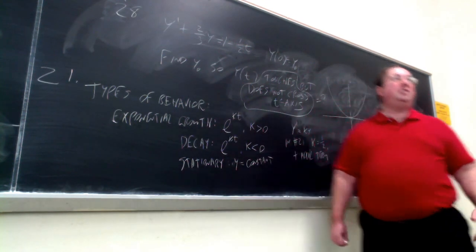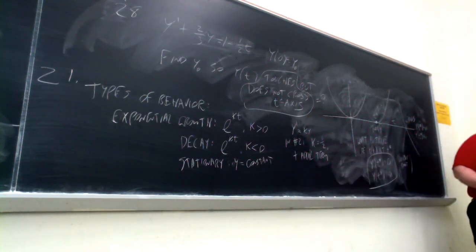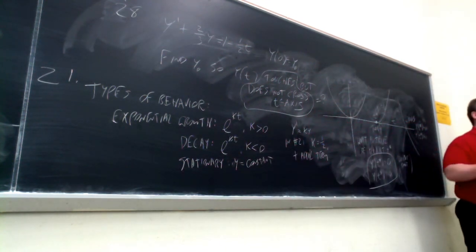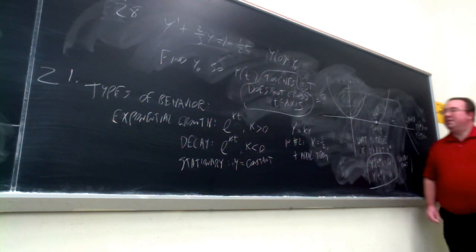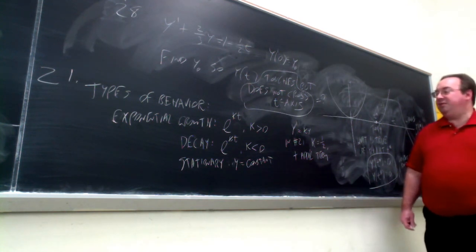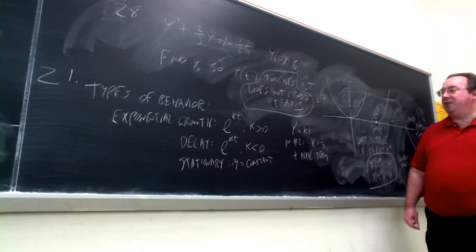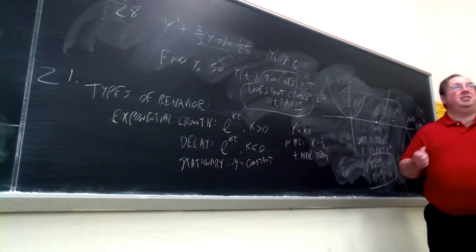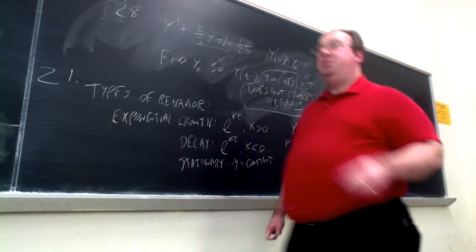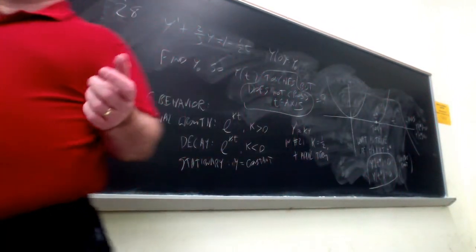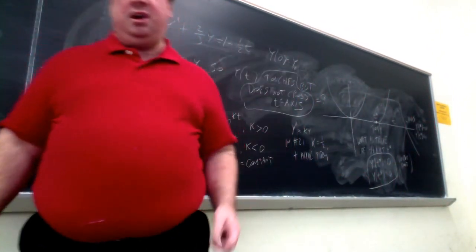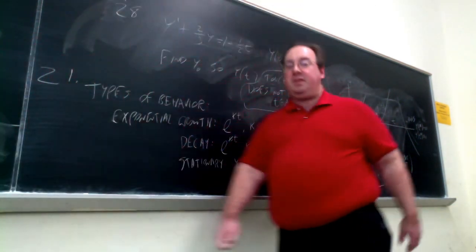So if you want to set t equal to nice angles like pi over 2, pi, etc., that'd be fine too, to get an idea as to the behavior. Because the direction field, you pick a point t, y, and then you plug those into the equation and figure out y prime, and you draw an arrow with slope y prime. Okay.